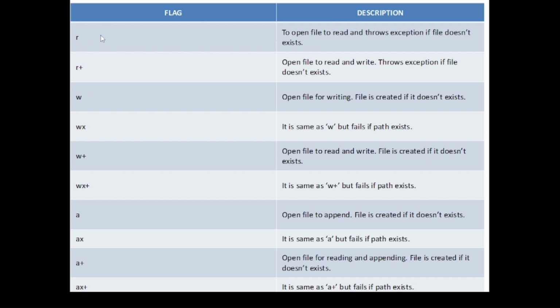For example, if you want to open the file to read, then use R, and it will throw an exception if the file does not exist. Similarly, if you want to open the file to read and write, then use R plus. So I'll just use one or two of these in order to demonstrate their functionality.